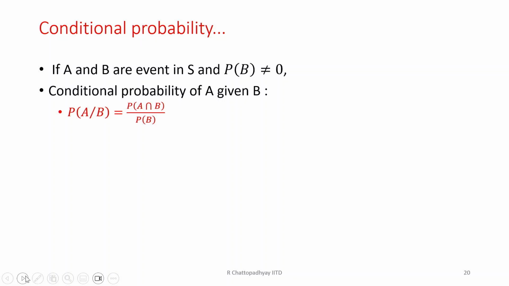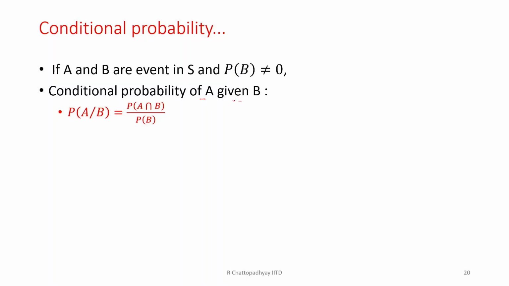From this example, we see that in some cases the probability of an event depends on what has happened earlier. So this is known as conditional probability.